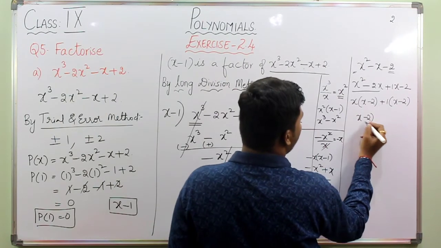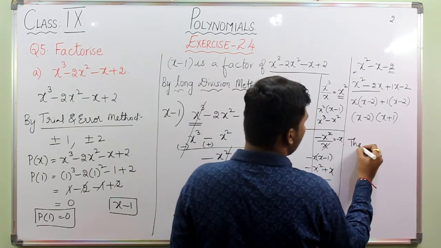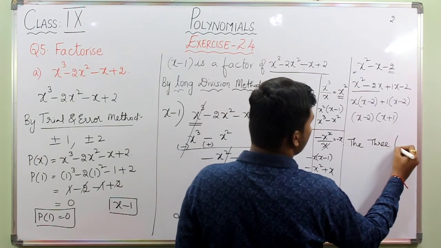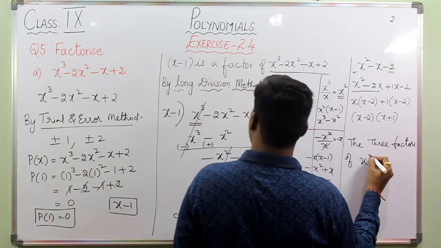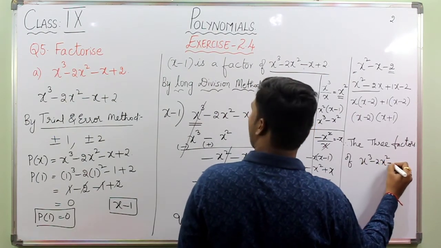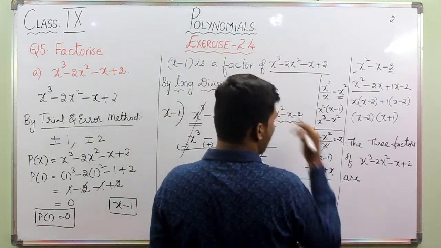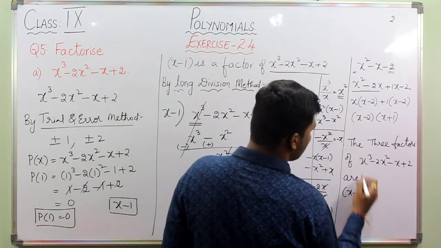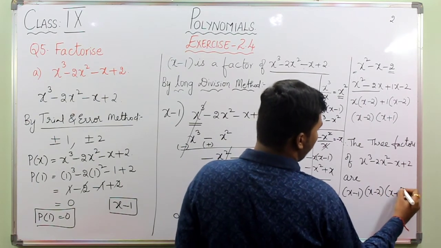So we are left with x minus 2 into x plus 1. So therefore the three factors of x cube minus 2x square minus x plus 2 are, first one x minus 1, second one x minus 2, and the third one x plus 1.